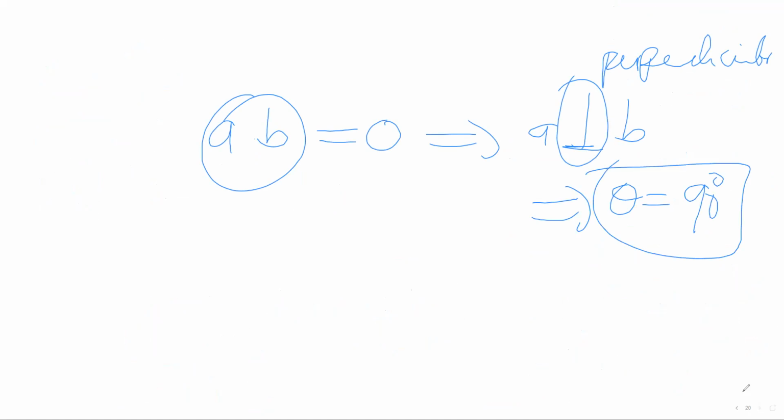So that's how you know that they are perpendicular. So don't forget that. When you take the scalar product of two vectors and get 0, it means they are perpendicular, and that just means that the angle is 90 degrees, right? That's what perpendicular means.